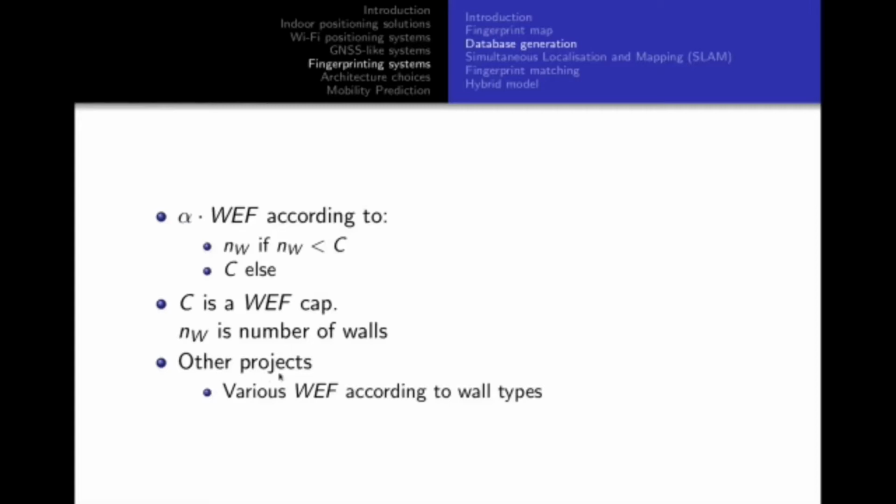In other projects, you can have various wall effect factors according to the wall types, which is even more relevant with the reality, because a very thick load-bearing wall does not have the same effect as a light wall inside a building.